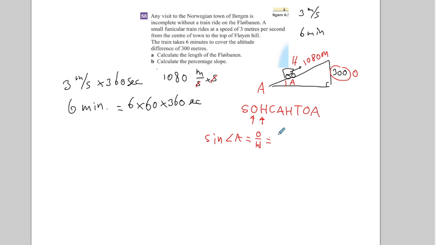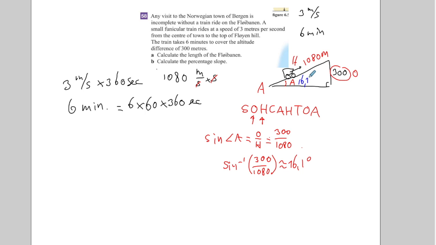In this case, it's 300 divided by 1080. To calculate the angle, I take the inverse sine of 300 divided by 1080, and I found that it's approximately 16.1 degrees. So finally, I found the angle.